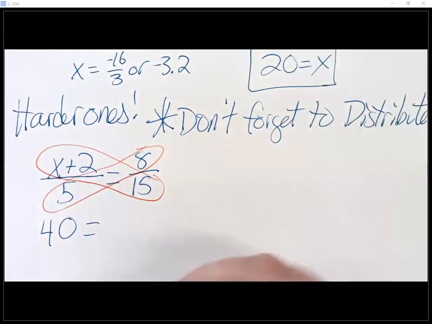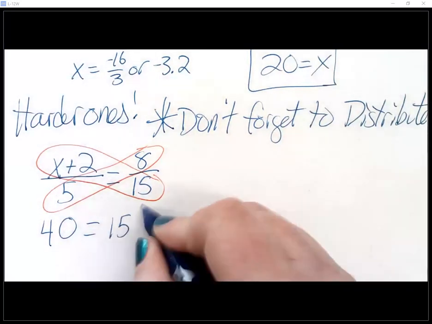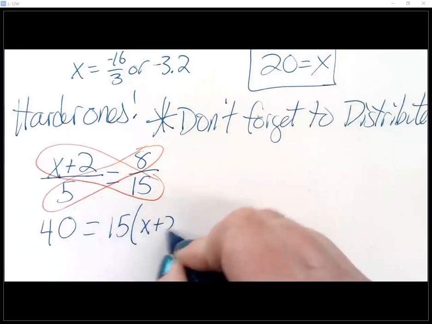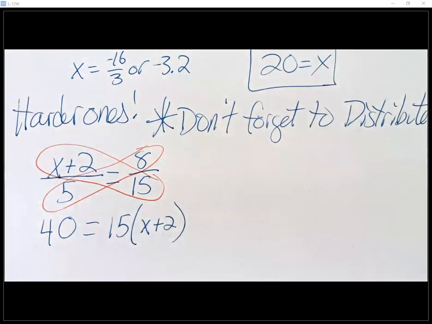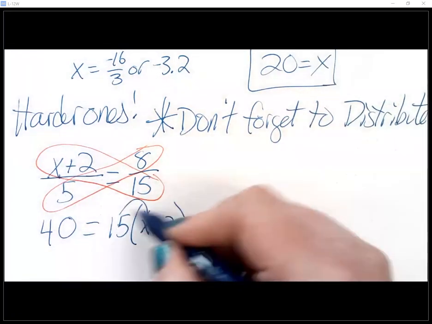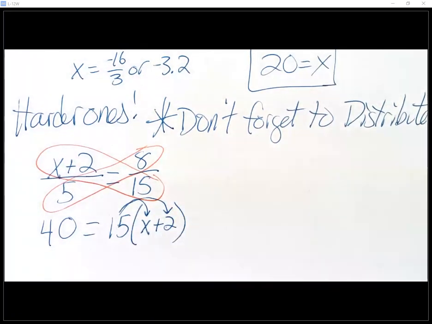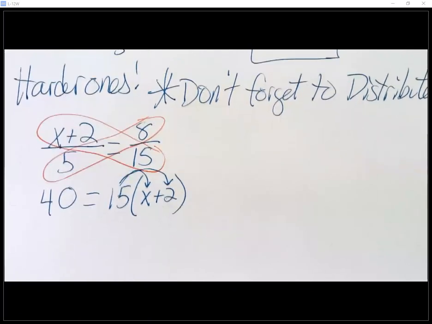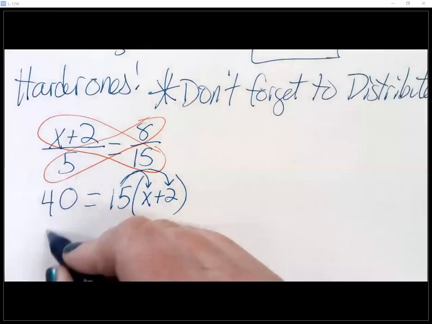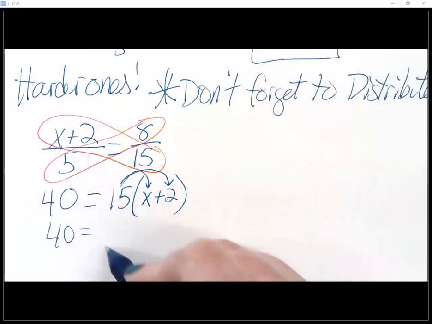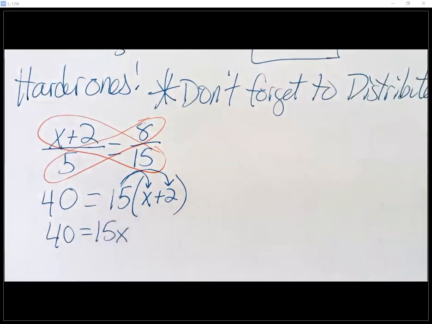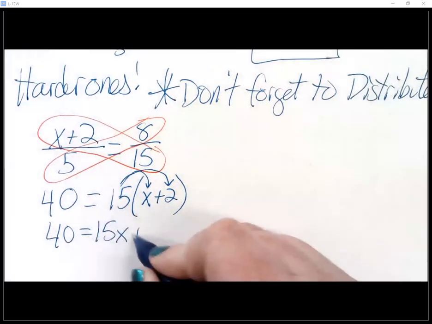So you have to do 15 times x plus 2, like that. So in other words, you need to do 15 times x and times 2. All of it has to get multiplied by 15. So I'm really going to be distributing that. So that's what I mean with my big reminder. Don't forget to distribute. So that looks like this. 40 equals 15x, and then 15 times 2 is just 30.